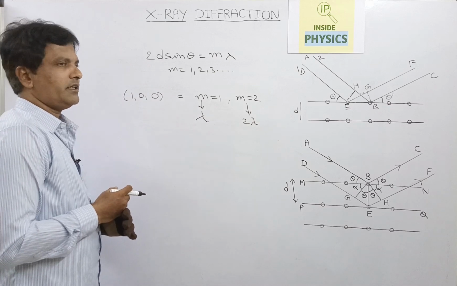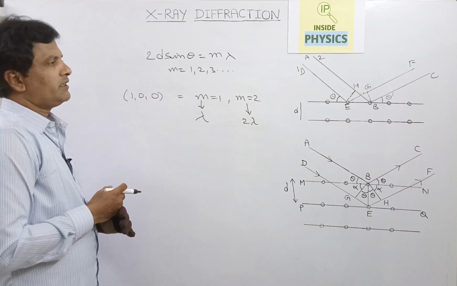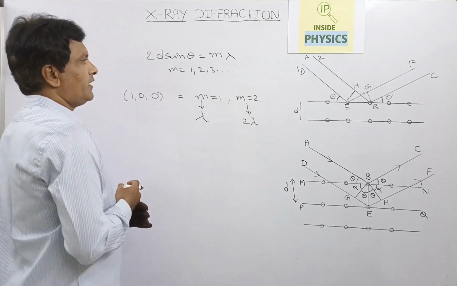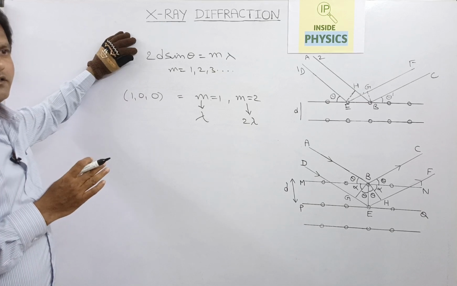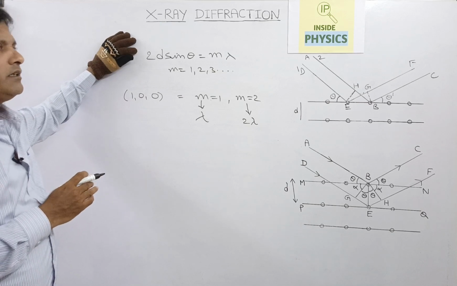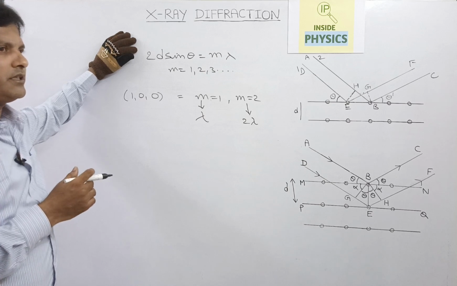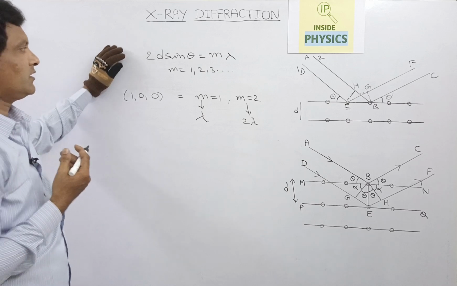If any X-rays are incident on the crystal, they are reflected and the reflection pattern is recorded. If they satisfy Bragg's condition, they will form a bright spot with high intensity, so that we can record the observations and study the crystal structure.